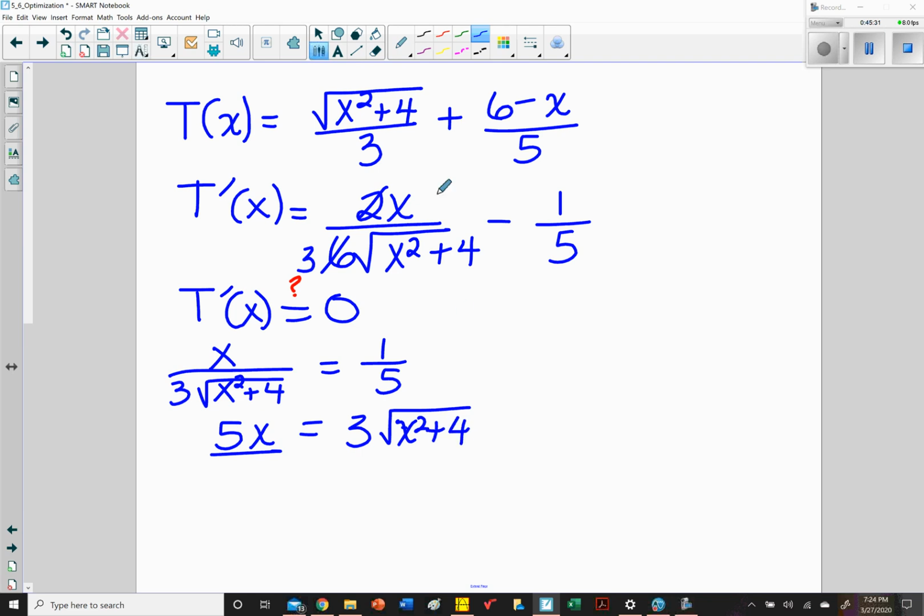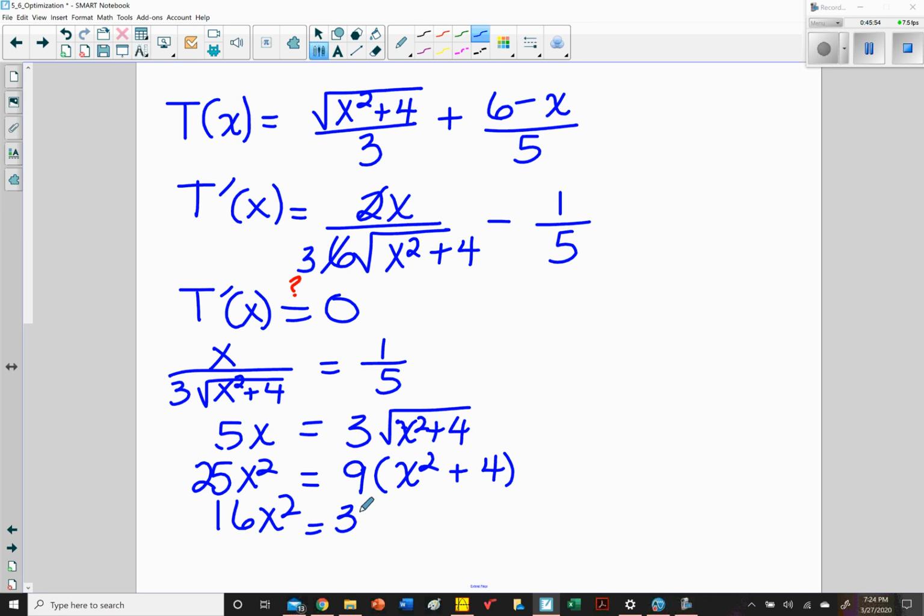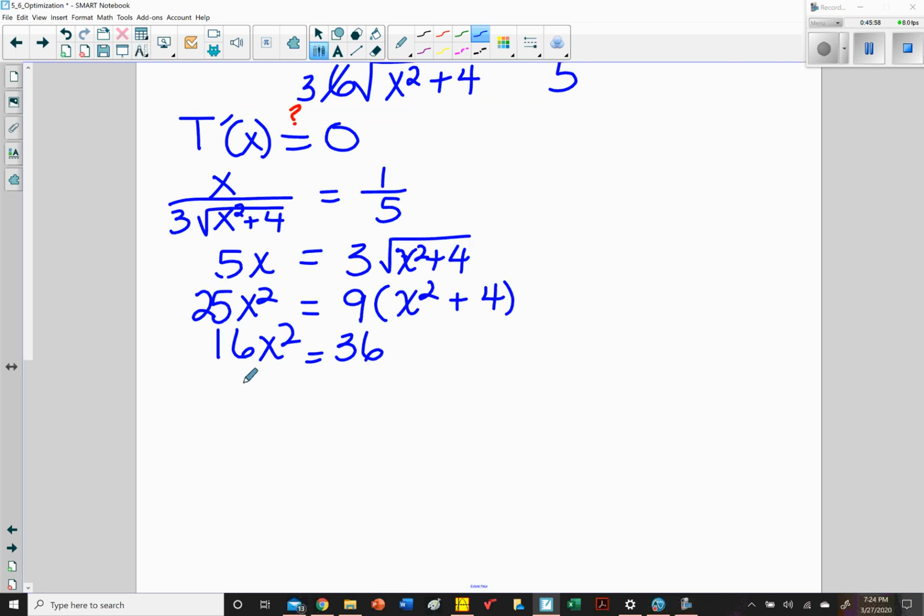Okay, and then we're going to square both sides to get rid of the radical. So 25x squared is equal to 9 times x squared plus 4. And that's 25 minus 9x squared, so 16x squared. 9 times 4 is 36. And x squared is 36 over 16.